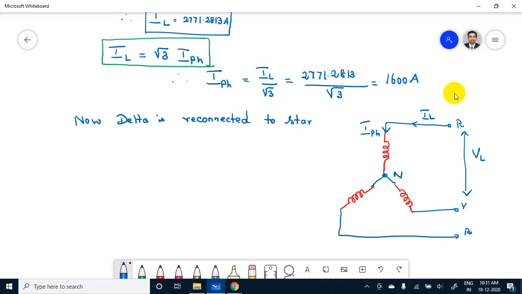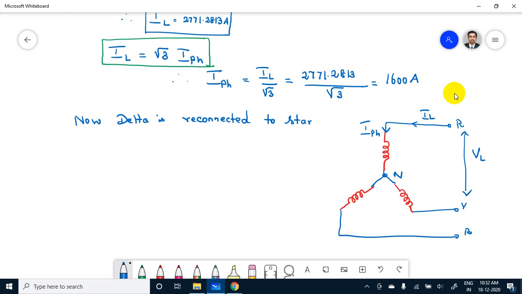But when you transform from delta to star, the speed will be the same. There is no disturbance in the speed when you are transforming from delta to star connection. During that time the machine will be running at the same speed.